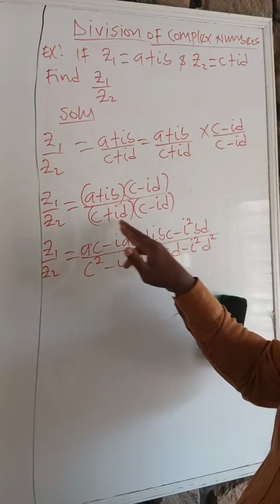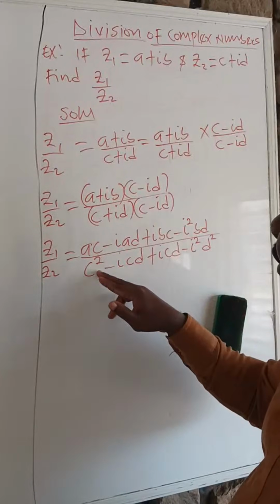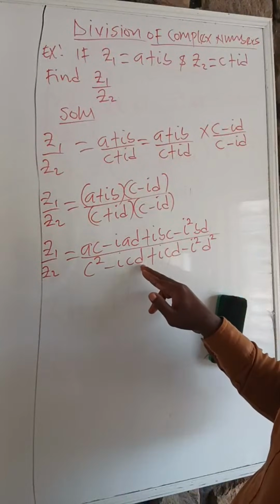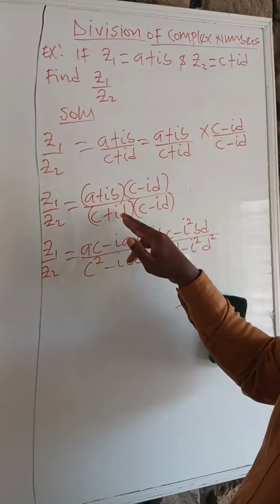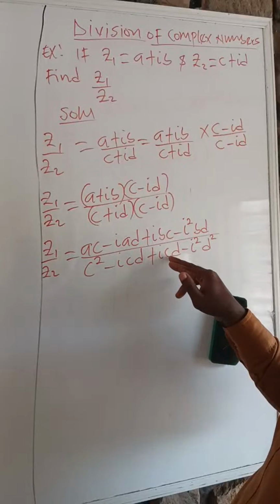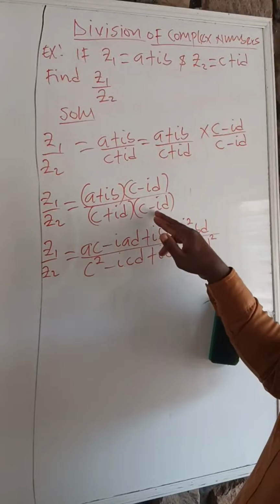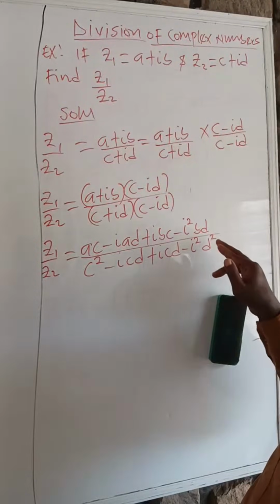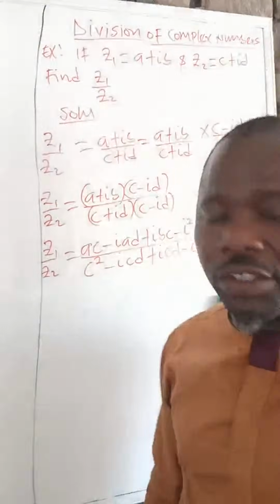Then all over the same thing, C times C, we are going to have C squared, then C times minus ID is minus ICD, then ID times C is plus ICD, then ID times minus ID is minus I squared D squared. True or false?